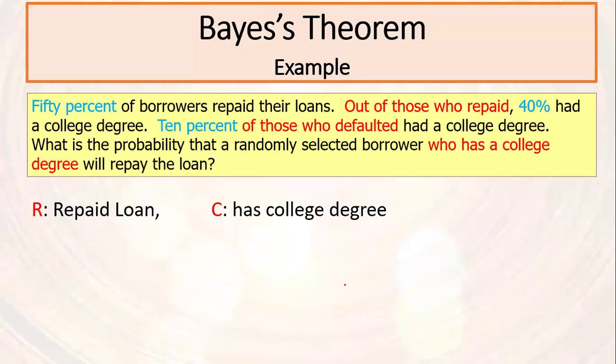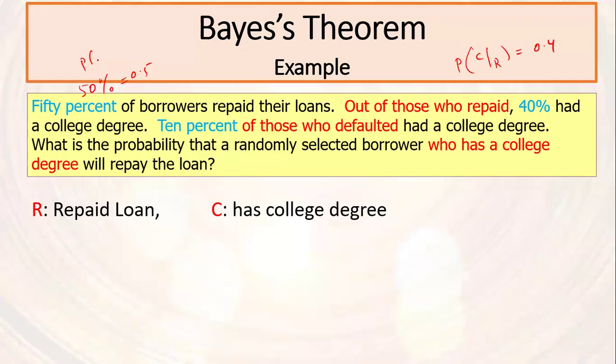So let's take an example: 50% of borrowers are repaying. So that means 0.5. Probability of repaying is 50%. Probability of not repaying is also 50%. Out of those who repaid, the probability of a college degree given that he repaid equals 0.4. You understand me, right?